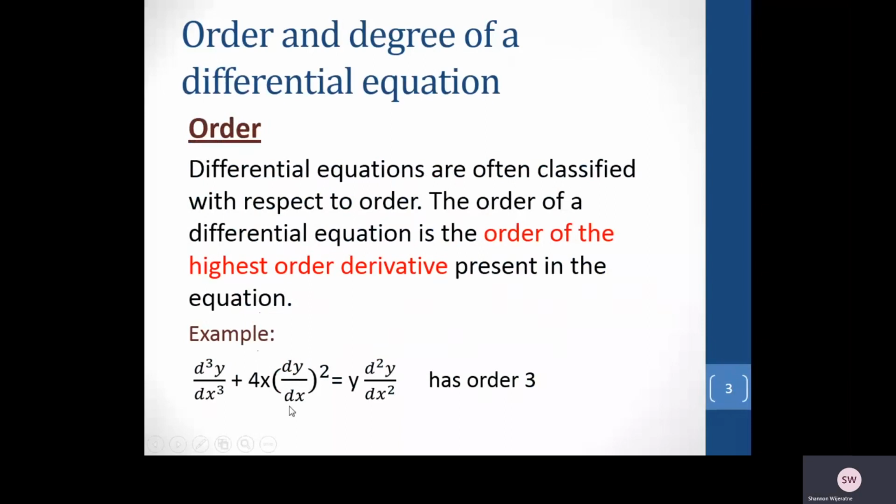In the second term, we have the first derivative squared, and on the right hand side, we have the second derivative. So we have a first derivative, a second derivative, and a third derivative. So the highest order derivative present in this equation is the third derivative. So we say the order of this differential equation is equal to 3.